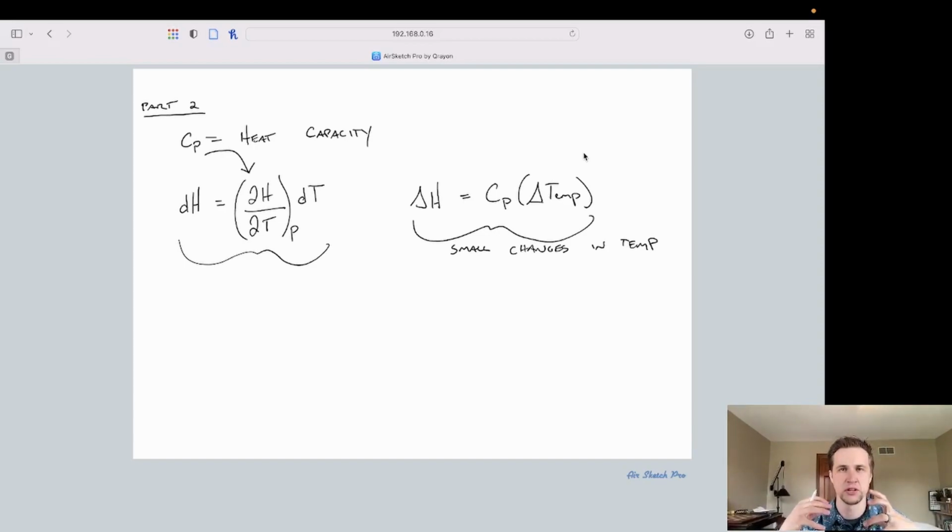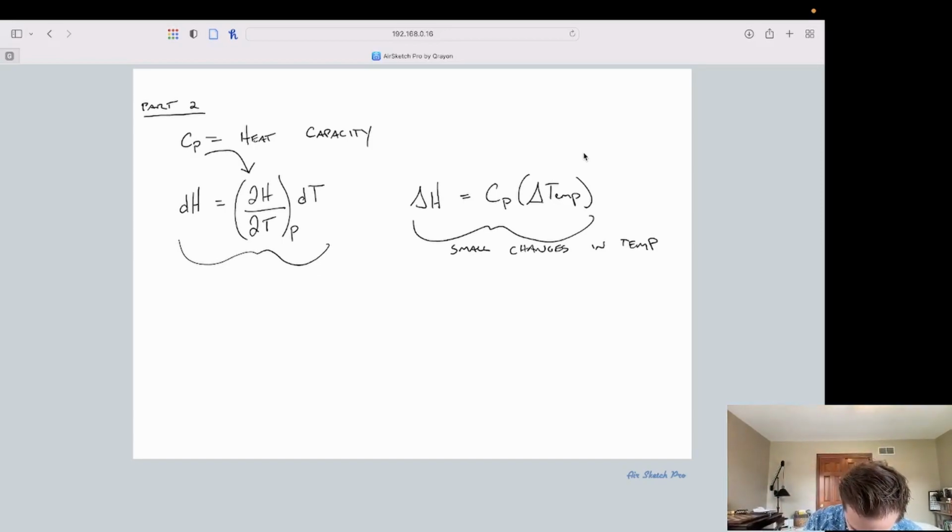As we have a large change in temperature, our heat capacity for those compounds is going to change as well, because it's getting affected as the ranges in temperature get larger. So we have to take the integration of our changes in enthalpy along with our changes in heat capacity with respect to the changes in temperature.